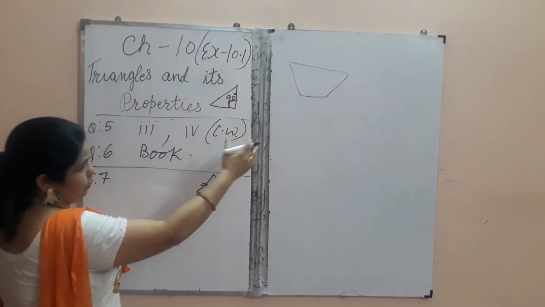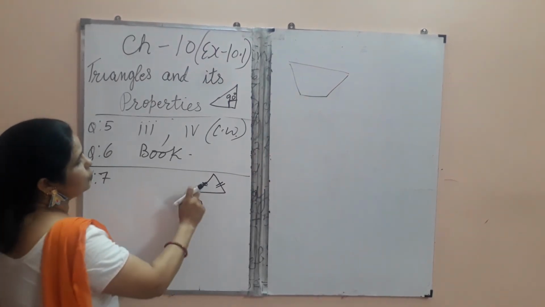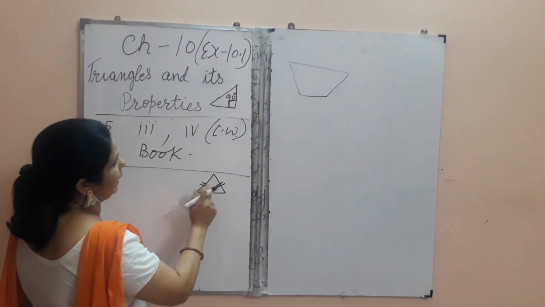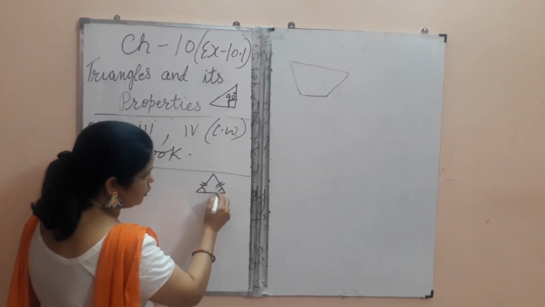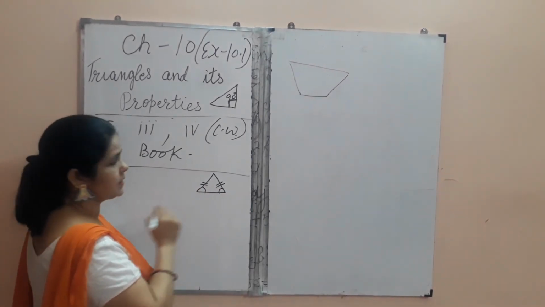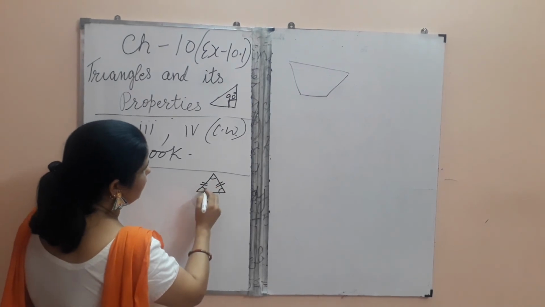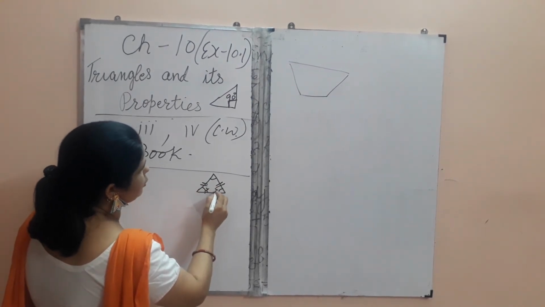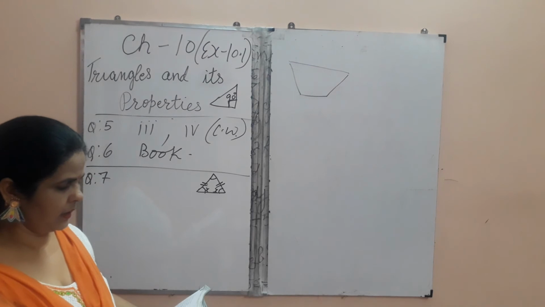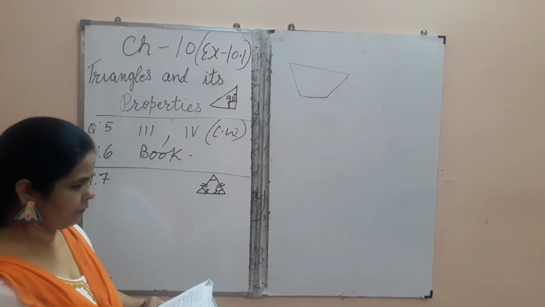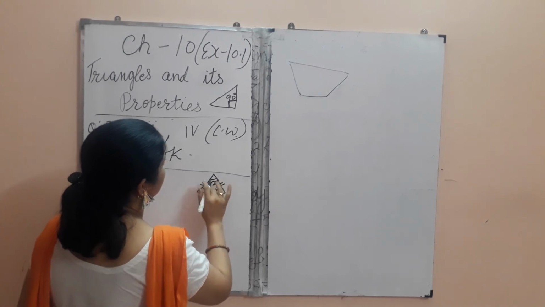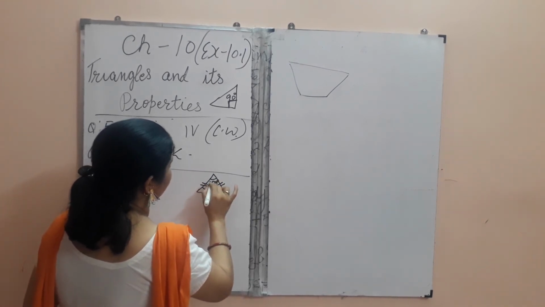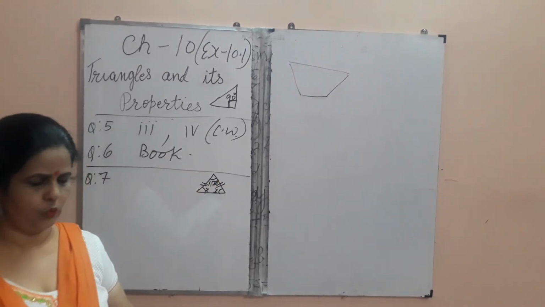So as I told you in the previous question, if two sides are equal, then the angles opposite to these sides will also be equal. Understood? So if this is x, then this will also be x, and the third angle is 120. If one angle is 120 degrees, then what is the measure of the remaining two angles?